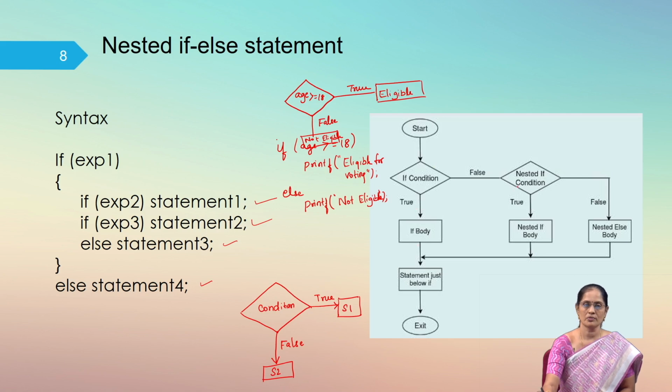If the condition becomes false, you can have a nested if condition checked, and if it is true, we can go for one more nested if body. If it is again false, then we go for the nested else body. After completing the condition checking and processing, we end up with the statement after the if statement. The statement just below the if statement will be executed and then the program will be terminated.